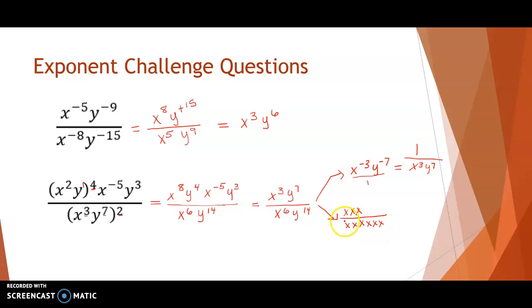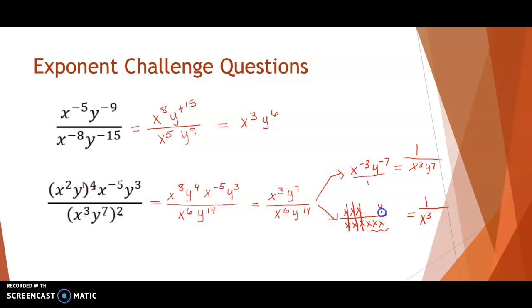So, since multiplication and division cancel each other, I see this first one cancels, second one cancels, third one cancels, and down here I have 3 that are left. So equals 1 over x to the third. 3 x's are left in the denominator.